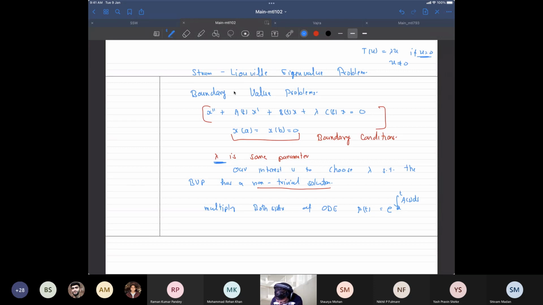What you will get is then the ODE is converted into the following form: (P(t) x'(t))' plus lambda q(t) x(t), where you have to find what q is, plus r(t) x(t), is equal to 0.